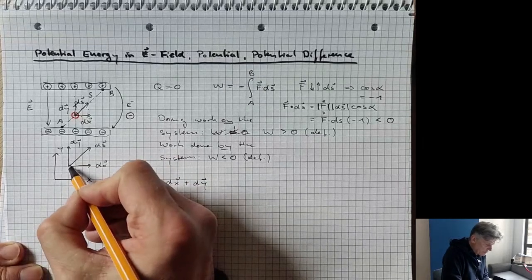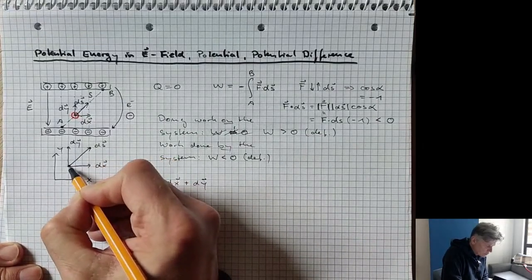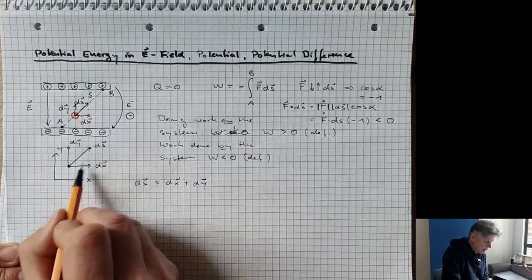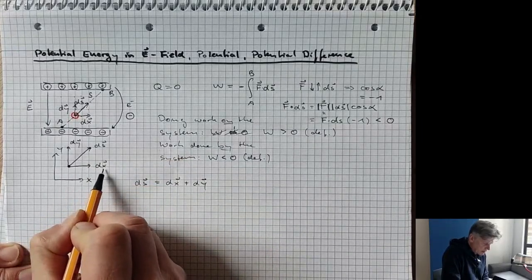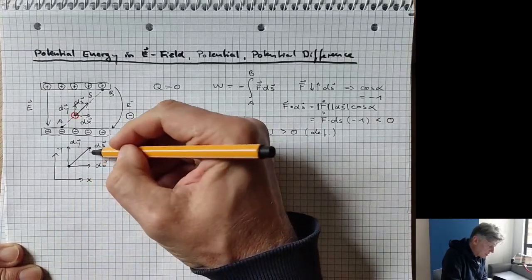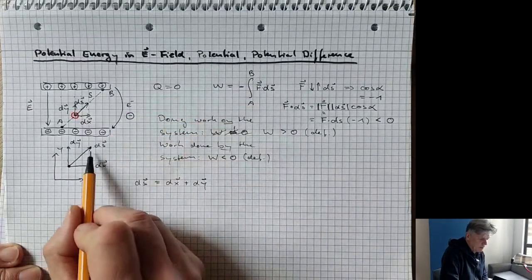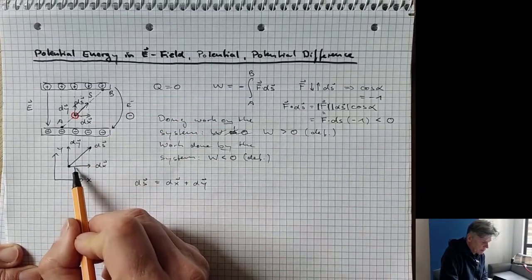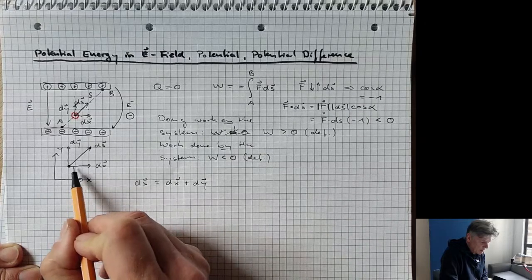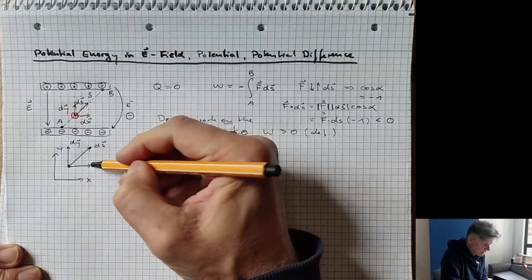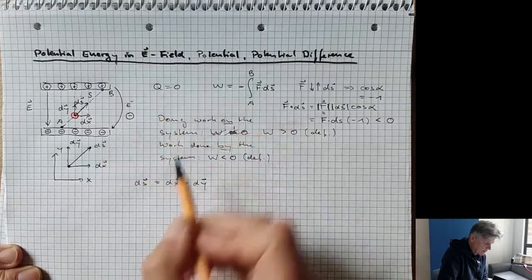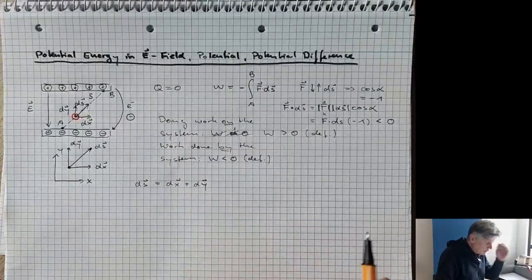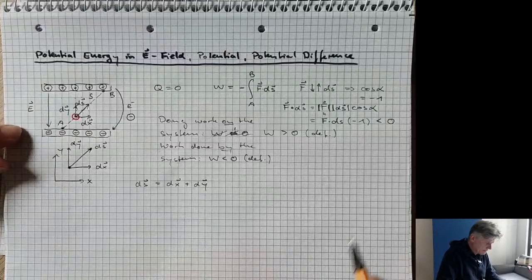So to go from here to here, I could use this ds as my step, or I could say I want to go first in the direction dx and then in the direction dy. I would end up in the same point here, right? So to go from here to here, I could follow this line, or I could first move along the x-axis and then move along the y-axis. That's what it says.